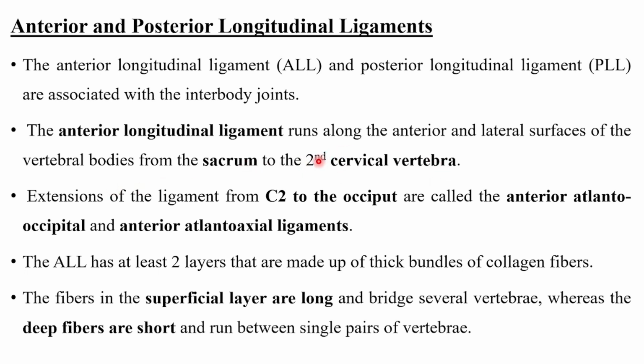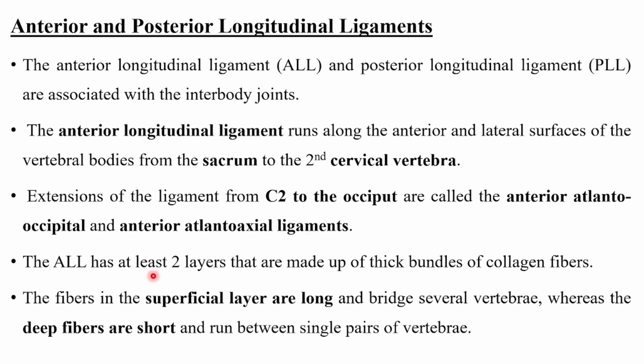From the second vertebra to the occiput, it continues as the anterior atlanto-occipital and anterior atlantoaxial ligaments. That means the extension of the anterior longitudinal ligament above C2 is known as the anterior atlanto-occipital and anterior atlantoaxial ligaments.